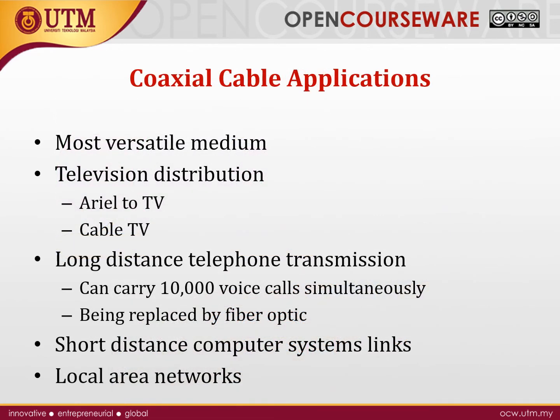Coaxial cable applications are very common in television distribution, for example, aerial to TV and cable TV, and for long distance telephone transmissions, which can carry 10,000 voice calls at a time and are being replaced by fiber optic. It's also used for short distance computer system links and for local area networks.